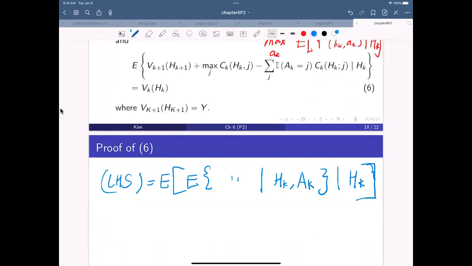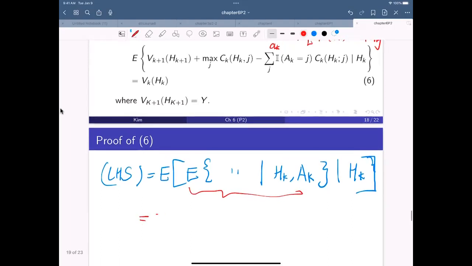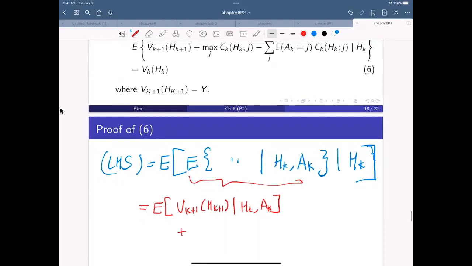So I just write the left hand side and apply the conditional expectation first, and then this is equal to the conditional expectation of V at H plus 1, given HK AK, plus the maximum of the contrast function CK at HK, J, minus the contrast at AK.